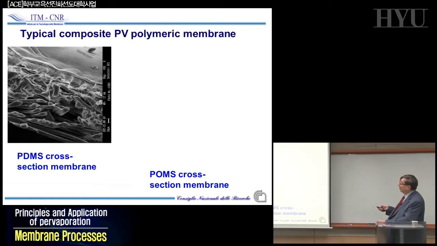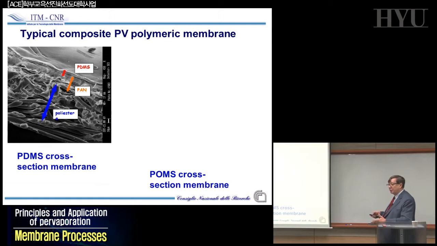It is a typical composite system, that is a PDMS with some very dense coating on the surface. You can see here this PDMS, polyacrylonitrile, that is just a support, just a fabric that you can use, such as polyester or any other fabric with as high a porosity as possible, so there's no mass transfer resistance.